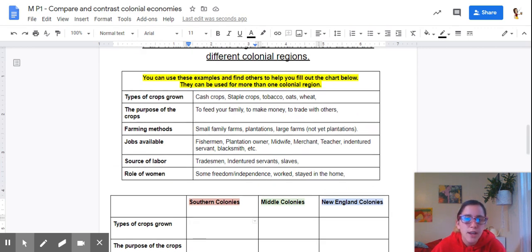So for types of crops grown, I gave you the examples of cash crops, staple crops, tobacco, oats, and wheat. So if I'm looking at the southern colonies and I'm like, what type of crops did they grow there? And I look back on my vocabulary and my study guides from section 1 when we learned about the southern colonies, I'll put in here.